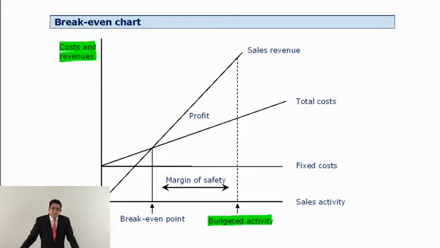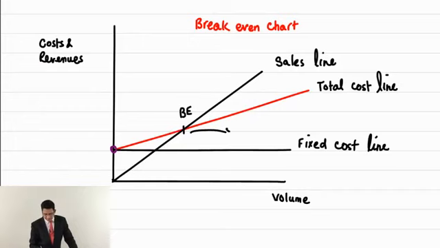The main issue about this break-even chart, no doubt it gives us very useful information, but one piece of information it does not give us. We know that if we sell more than break-even, we will generate profit, and if we sell less than break-even, we will make a loss. This is what we are very clear about.